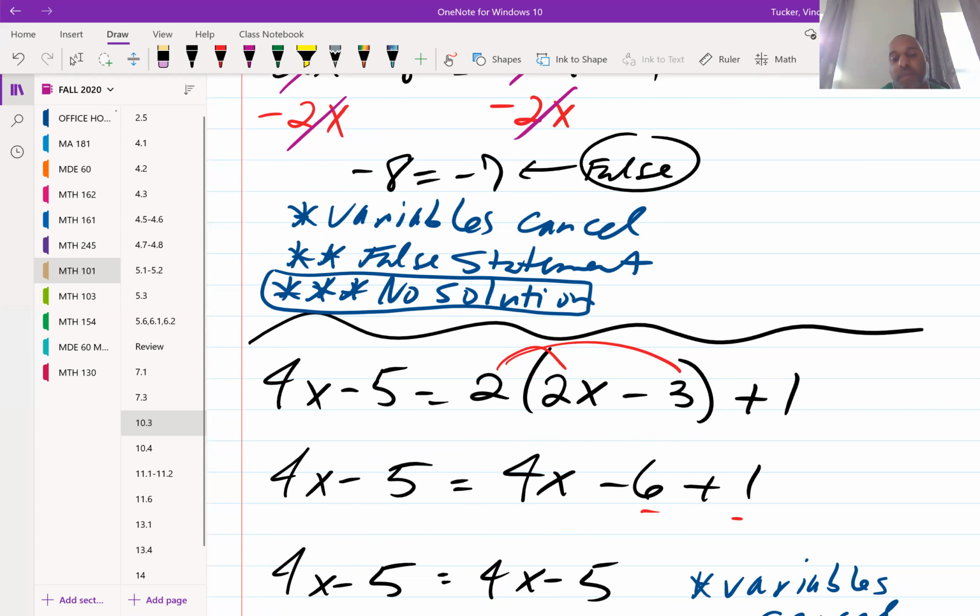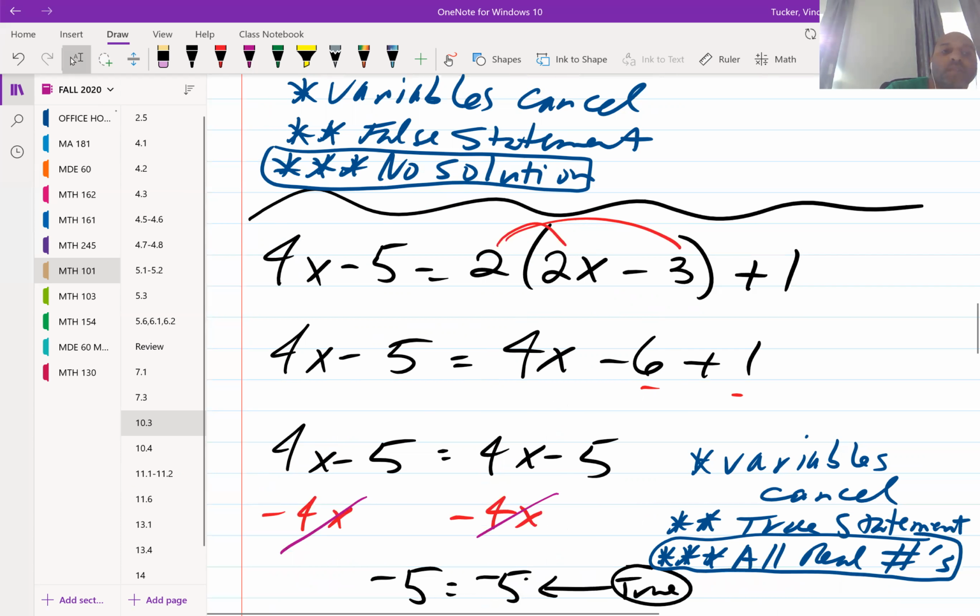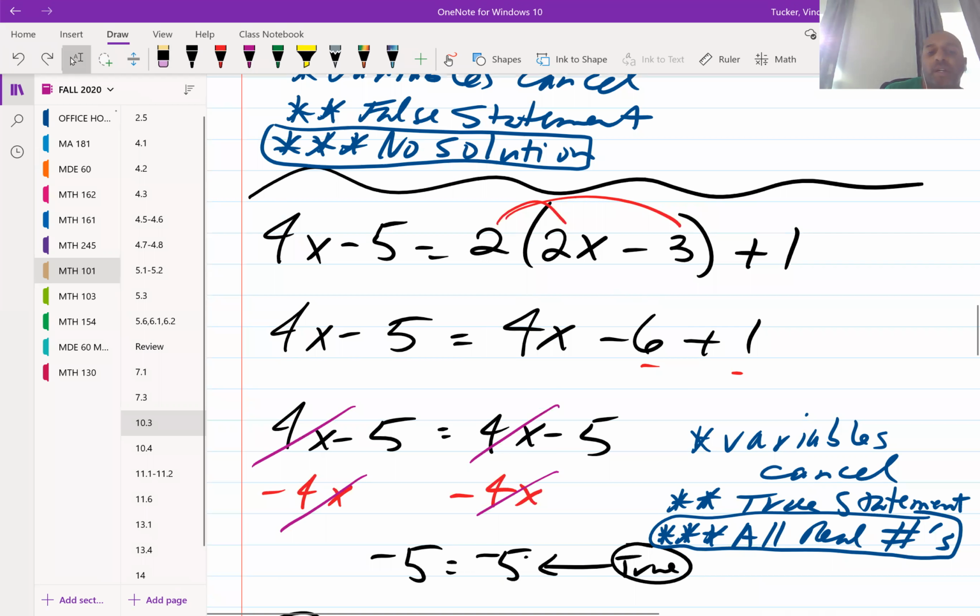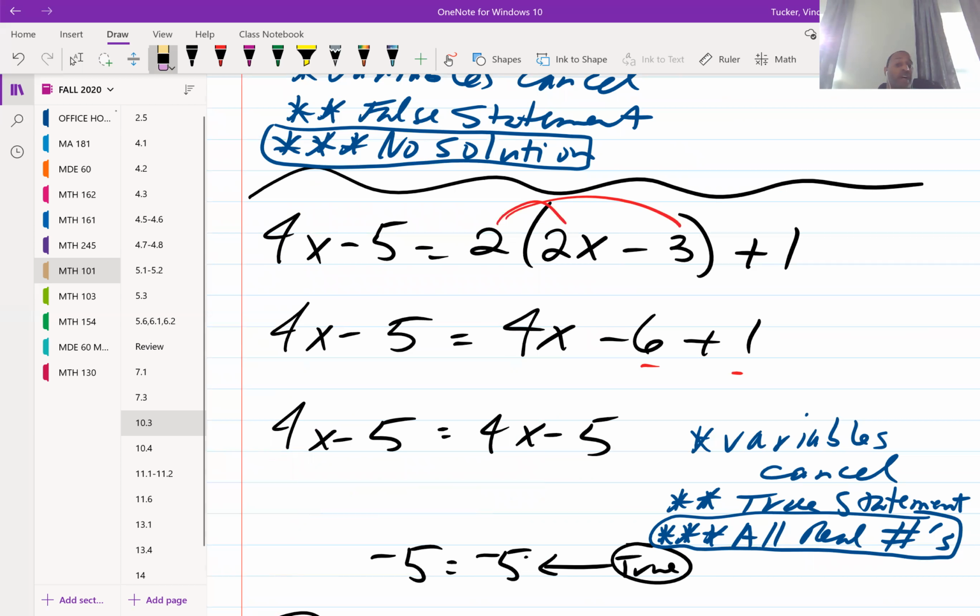That's a negative 6 and a positive 1, which would be a negative 5. And so we will be left with this scenario: 4x minus 5 equal to 4x minus 5. So then you would subtract 4x from both sides.